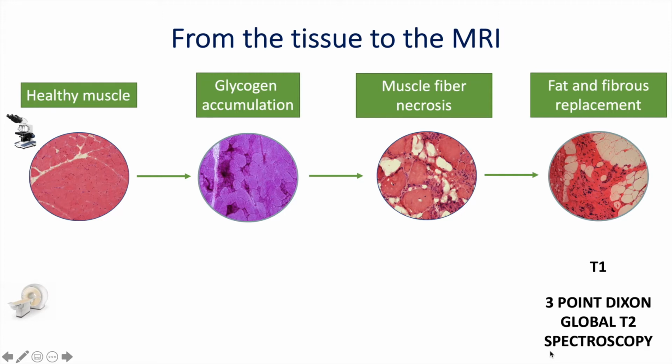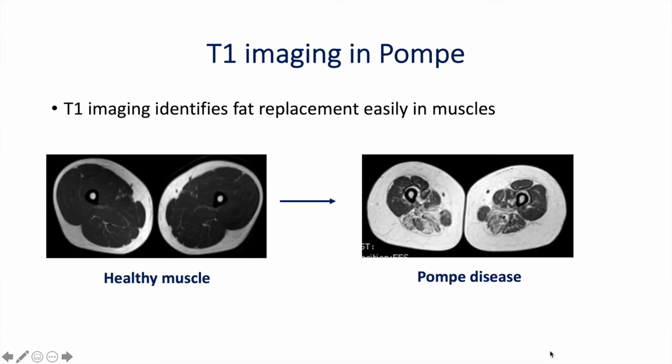So we have a lot of experience in analyzing and identifying fat in the muscles. We can do it using a sequence called T1, and T1 identifies fat replacement easily in the muscle. You can see here two different pictures.